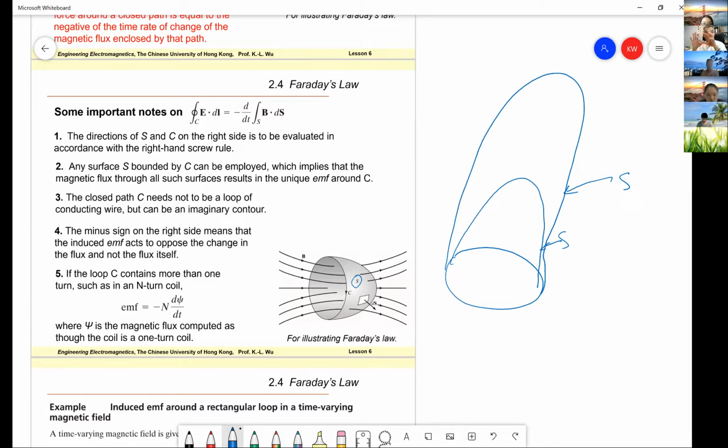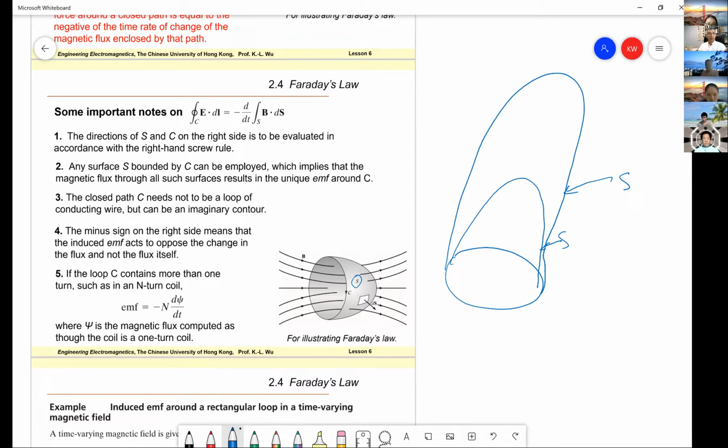The third point is that C does not necessarily exist physically, like a conducting wire. C can be imaginary. It is defined in any shape you want, right? So C can be imaginary.